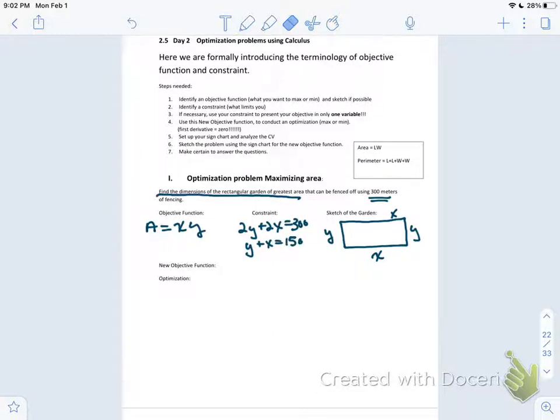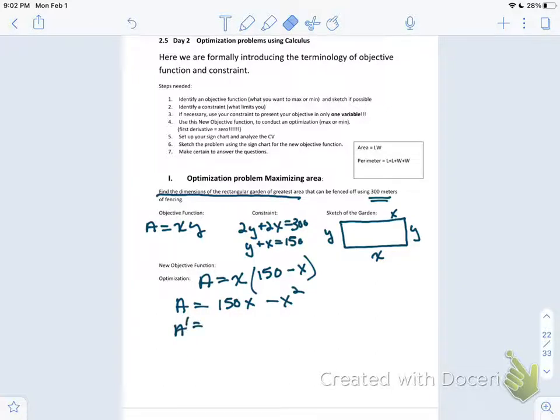So I can create a new objective function. Why don't I replace the y with 150 minus x. So my first thing is going to be to multiply this out: 150x minus x squared.